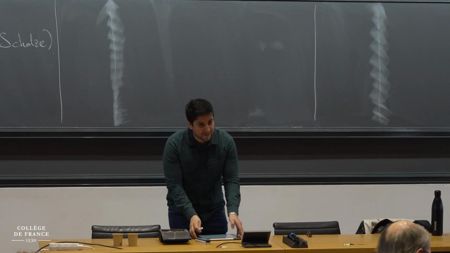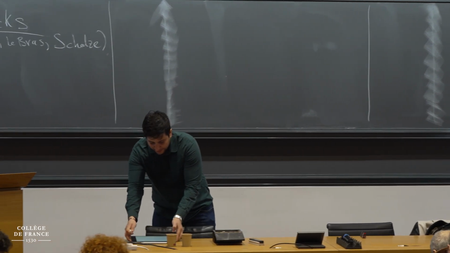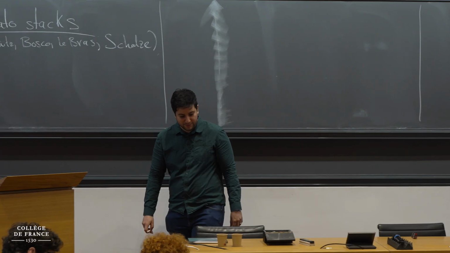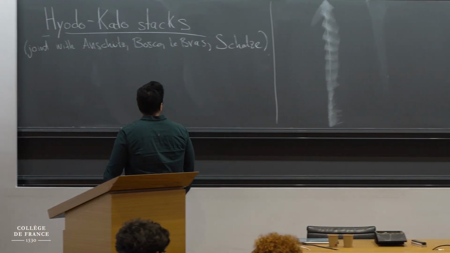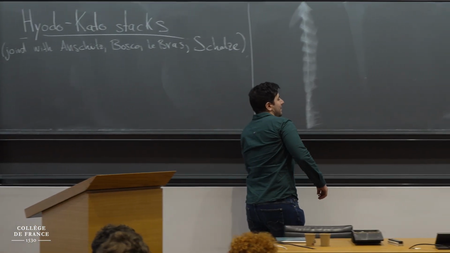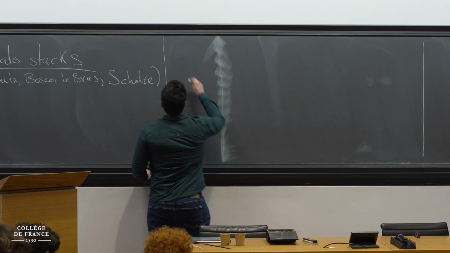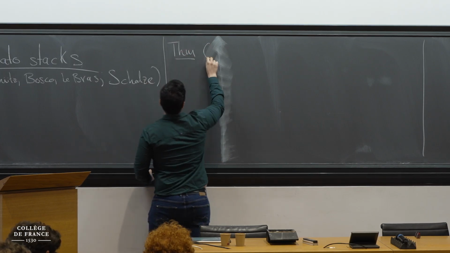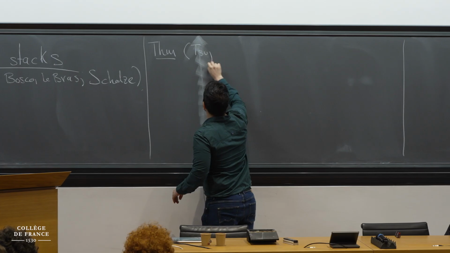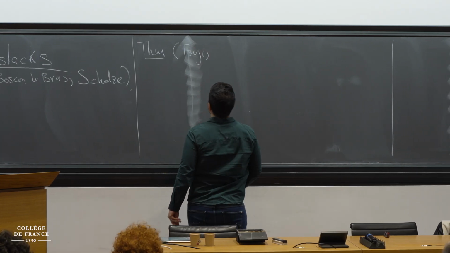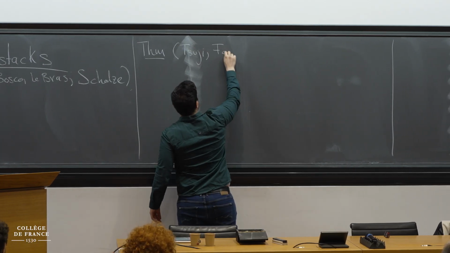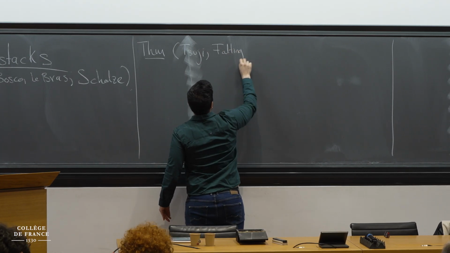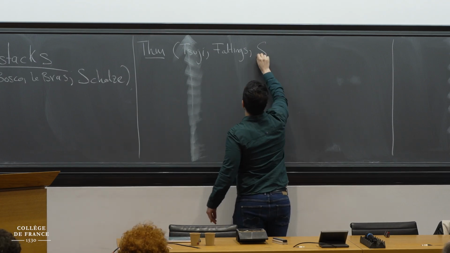And maybe let me start this lecture with a very important theorem in p-adic theory. The theorem, maybe to read it, is due to Tsuji, Faltings, and maybe in modern language to Scholze.